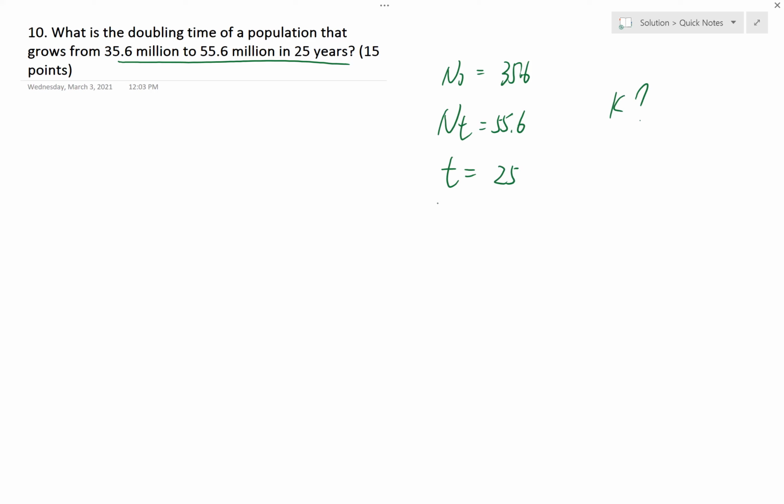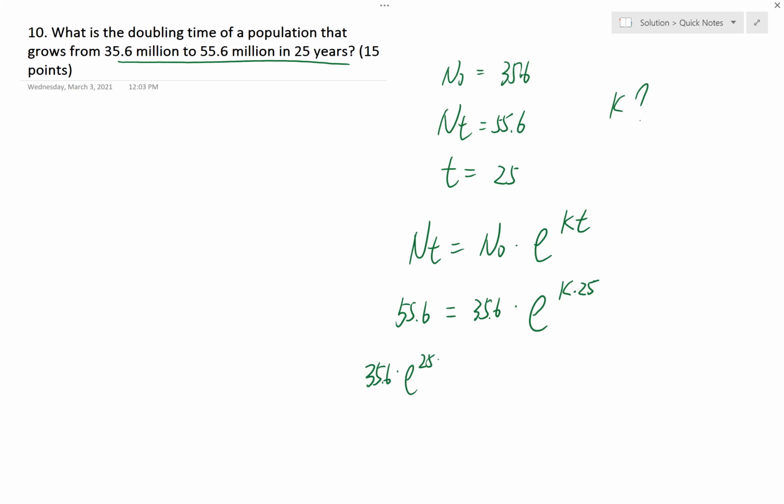So solve for K, just like the previous question. NT equals N0 times e to the KT. Plugging in numbers, 55.6 equals 35.6 times e to the K times 25. In reverse order, we get 35.6 times e to the 25k equals 55.6. Now, dividing 35.6 from both sides first, we cancel the coefficient.